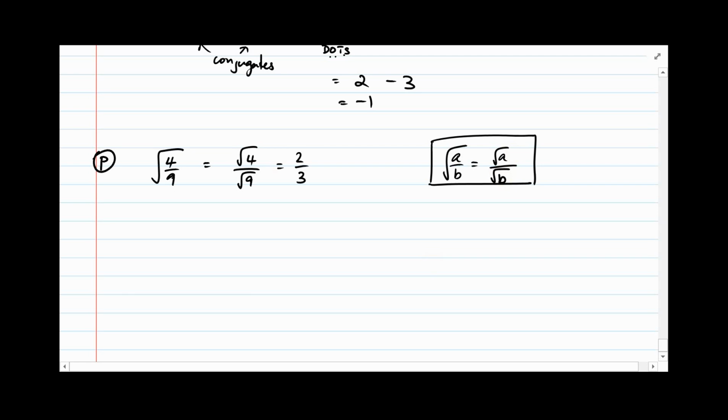So the square root of 4/9 is 2/3. Of course we could check our answer: if we squared the result, we would have ended up with exactly what was under the radical sign, which is 4/9.